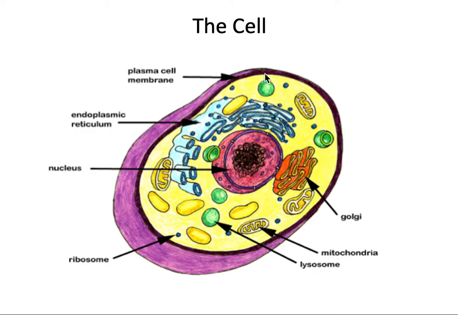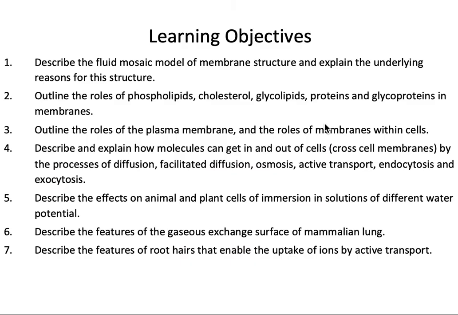This fluid is different in composition to the fluid surrounding the cell, and the composition of this fluid is critical for the cell. So this cell membrane helps to keep the inside separate from the outside, if that makes sense.